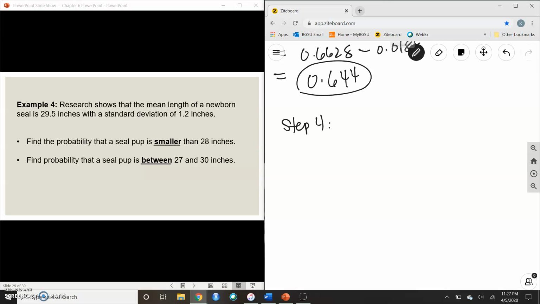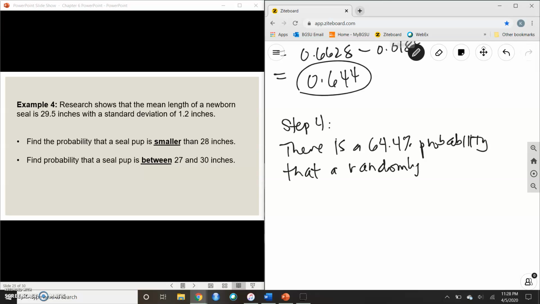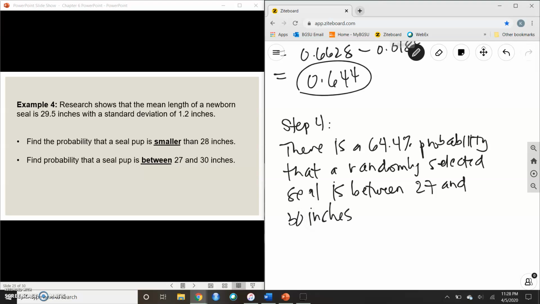So the conclusion is that there is a 64.4% probability that a randomly selected seal pup is between 27 and 30 inches.